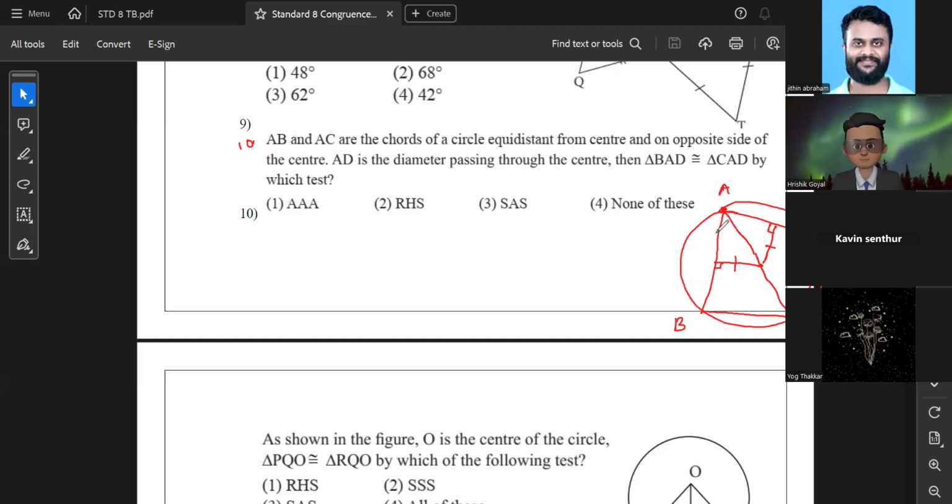But RHS से भी होता है. Logically speaking तो RHS से भी हो जाता है.